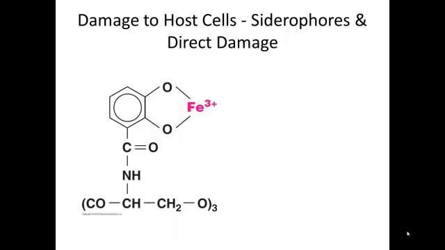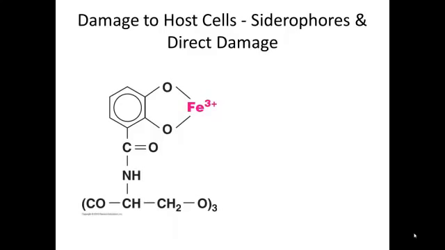Well, siderophores are molecules that carry iron, and they're produced by the pathogen to grab a hold of the iron tighter than your carrier proteins. So it's kind of a tug of war. We want to use the iron for our purposes, the pathogen wants to use it for theirs, and if the pathogen steals enough iron, that causes damage to the host because we don't have the iron that we need for transport of oxygen and also for other enzymes.